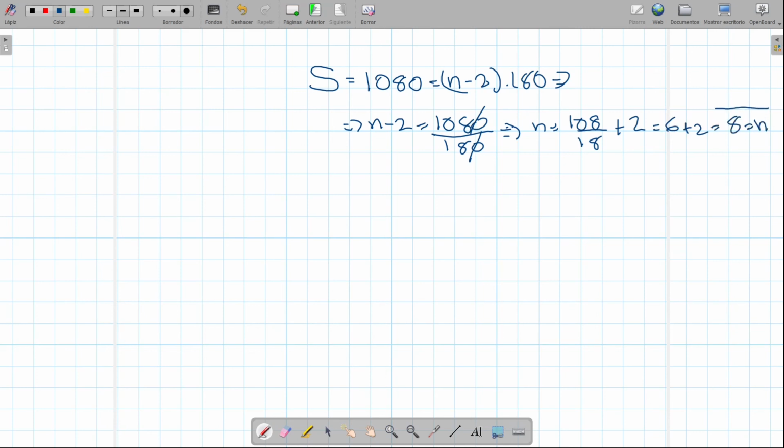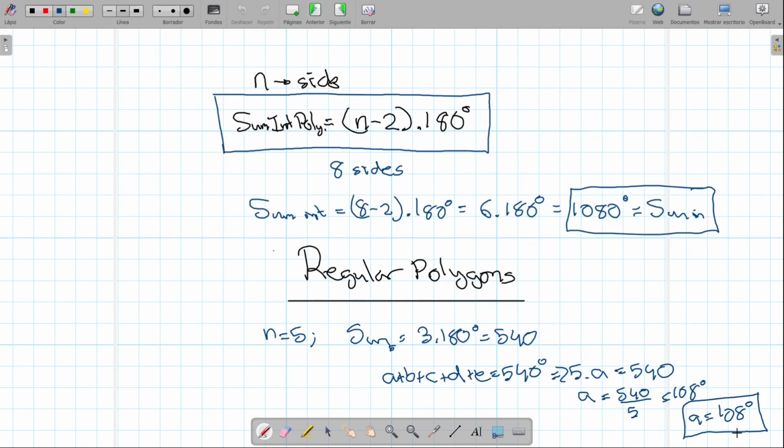And then we have our original result. Okay, so with the formula of the sum of the interior angles of a polygon, we can find the sum for any polygon, regular or irregular. We can find the number of sides if they give you the sum, and we can also use it in regular polygons to find what each angle is.